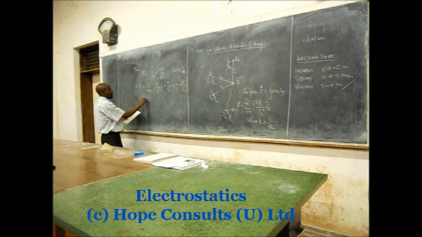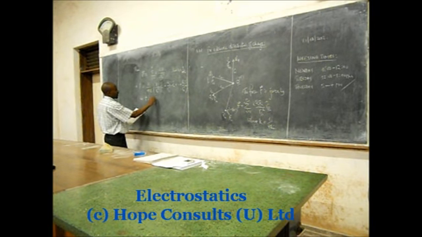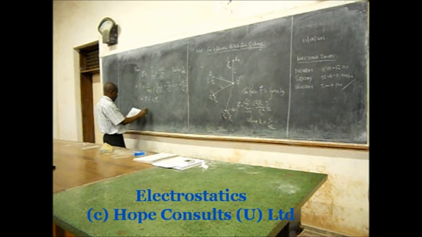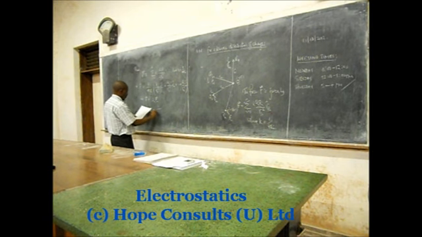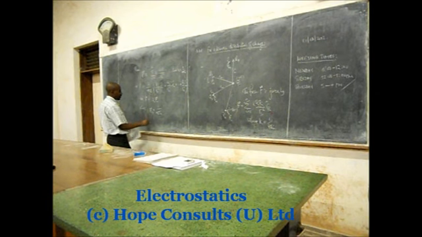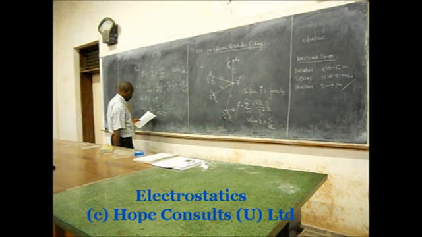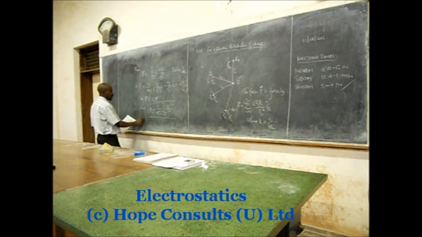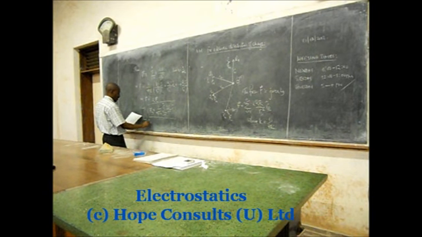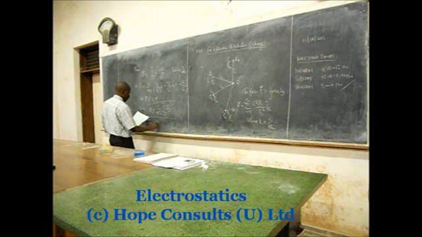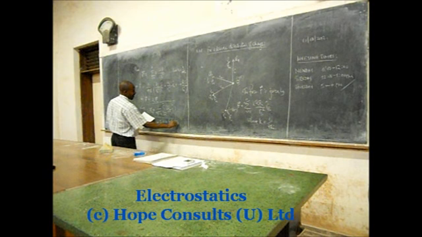So we shall say that F is the same as Q naught E, where E is equal to 1 over 4 pi epsilon naught, at any point P, the summation from i equals 1 up to n of Qi over Ri squared Ri roof, where EP is called the electric field at P.